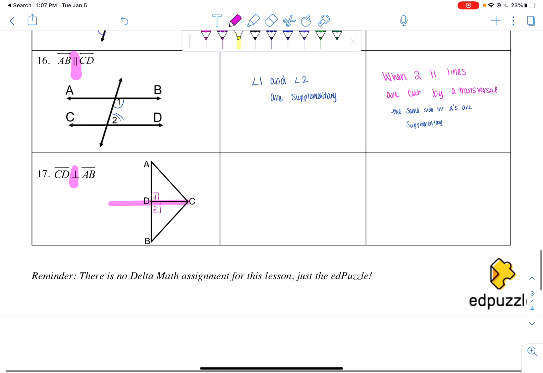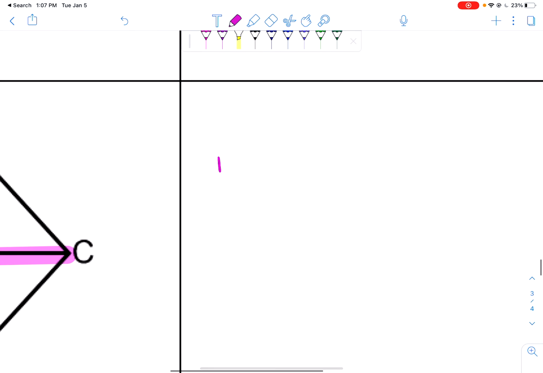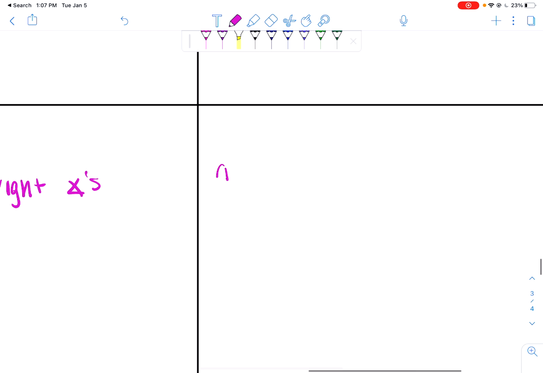So remember, whenever you have perpendicular, you can't just say that they're congruent. You have to do 2 steps. I have to say angle 1 and angle 2 are right angles. So I can say that they're right angles, and my reasoning is because perpendicular lines create right angles.